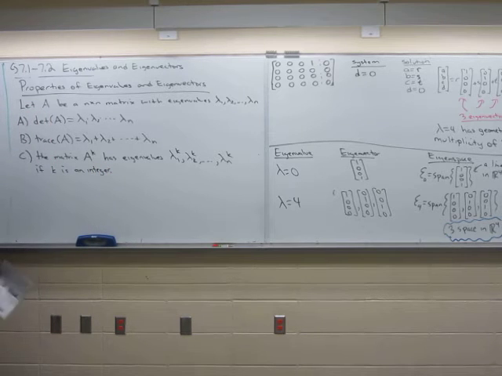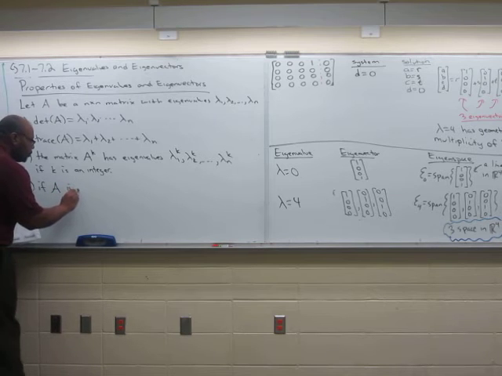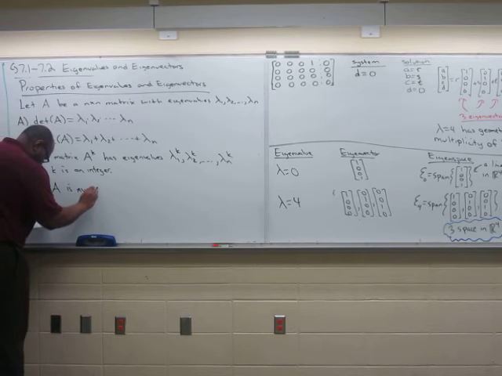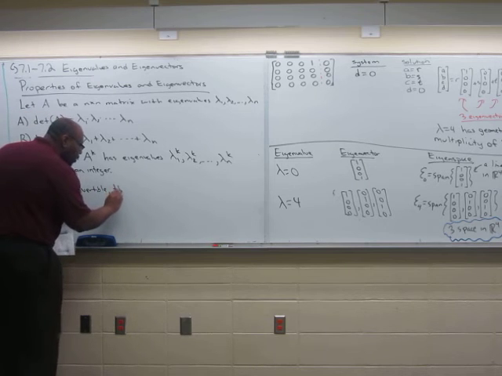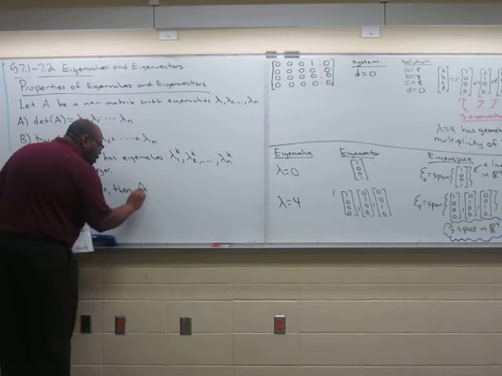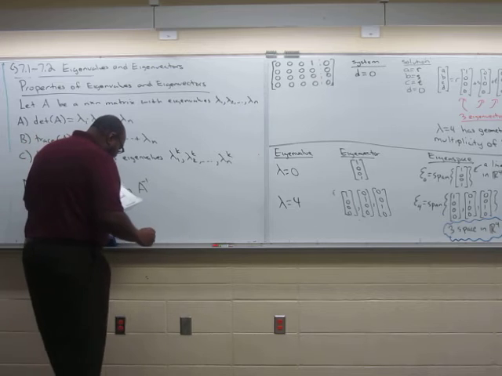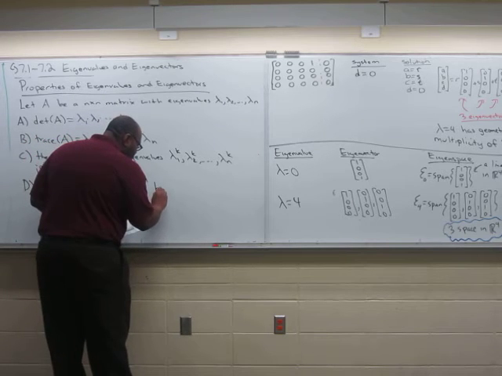I'm not going to talk about irrational or fractional values of K. And then D, if A is invertible, then A to the -1 has eigenvalues.